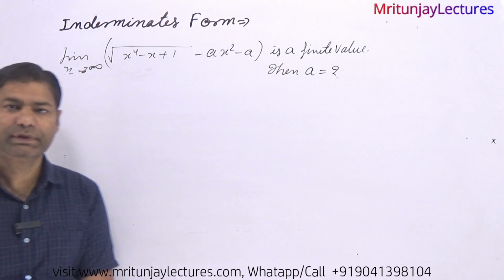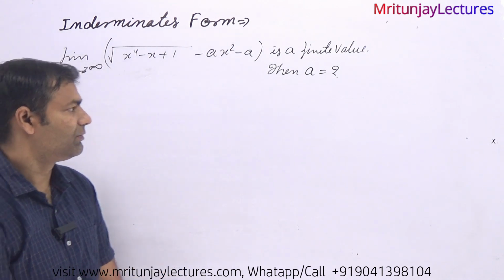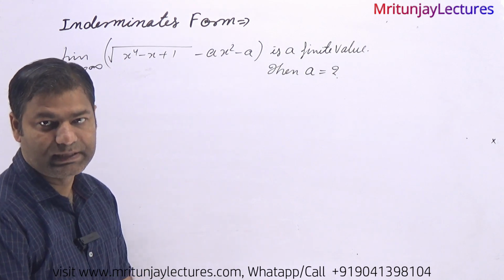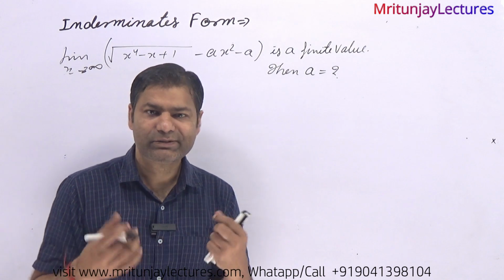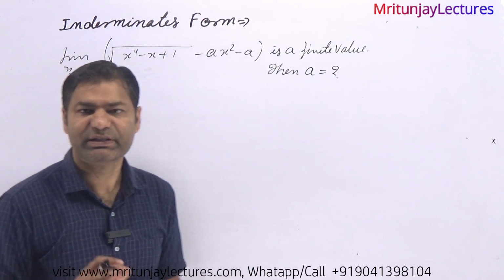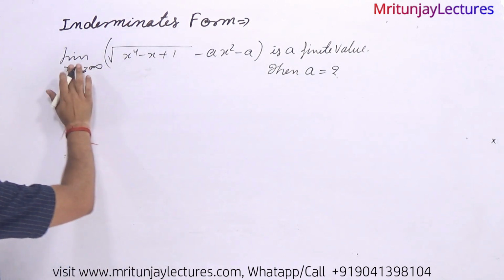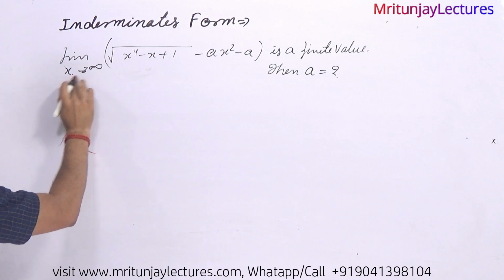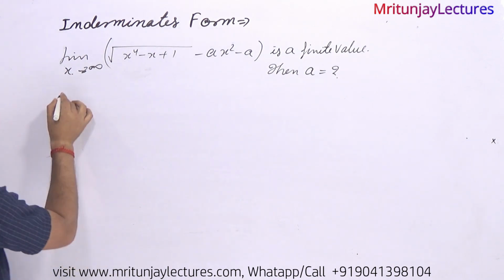Now according to the question, this one is a finite value, then what about a? Our motto is to determine a. Finite value means it equals 2, 3, 4, 5, minus 5, minus 10, whatever, a real or existing value. If x tends to infinity, then we get infinity minus infinity.